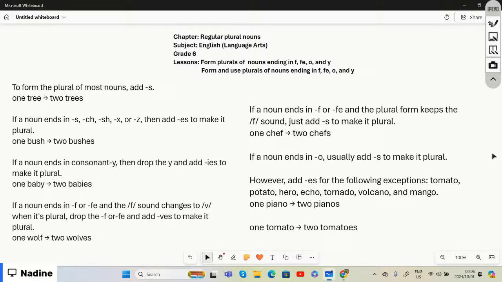Plural means anything that is two or more. A noun names a person, a place, an animal, a thing. So when we talk about plural nouns, we're talking about two or more people, two or more places, two or more things, two or more animals that we are making mention of.